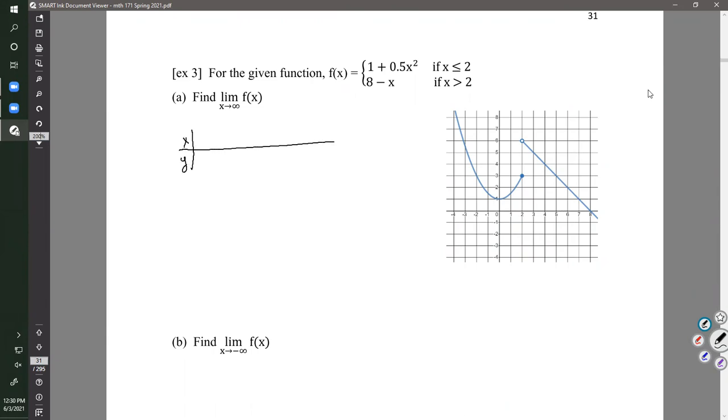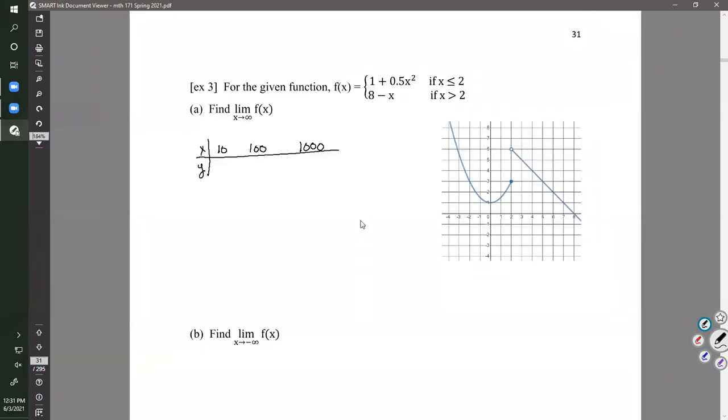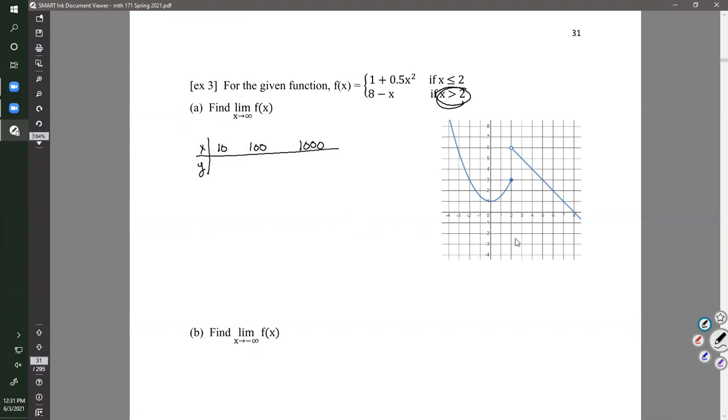We have x and y. And we're going to look at numbers like 10, 100, and 1,000. And when we plug these numbers in, if you look at our piecewise function, these numbers are greater than 2. So we'll plug these into that bottom function.